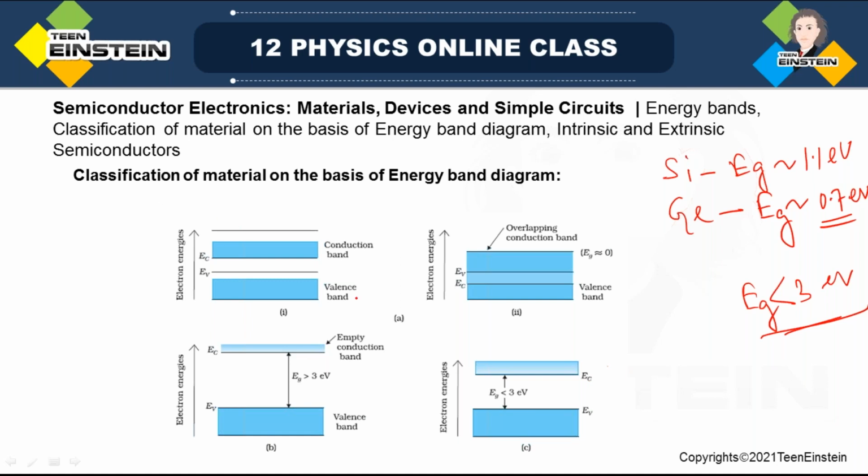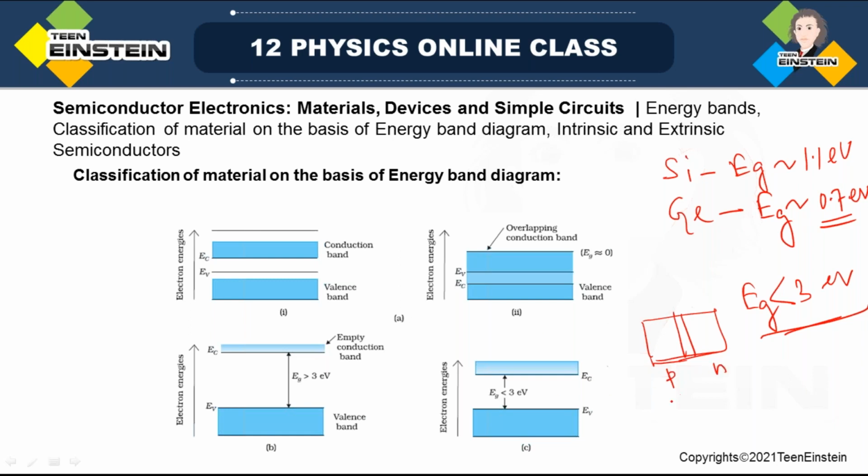So this is a very important question for board exams, and for understanding also it is a very important thing. Today we'll stop here. Next day we'll learn about intrinsic and extrinsic semiconductors, and formation of holes and electrons. We'll also try to cover the p-n junction part.